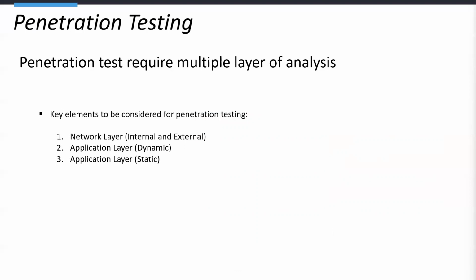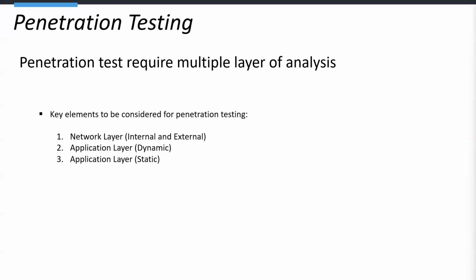First is the network layer. A network layer penetration test should be performed so that it covers all of these items below from both an internal and external perspective, using multiple tools plus manual processes to test and verify network systems.